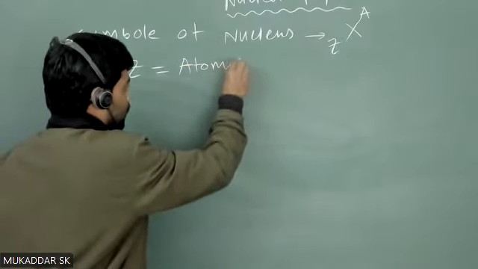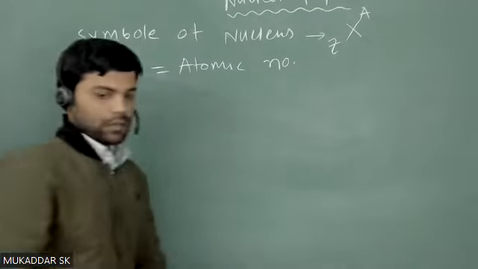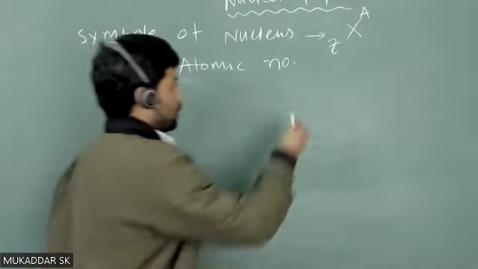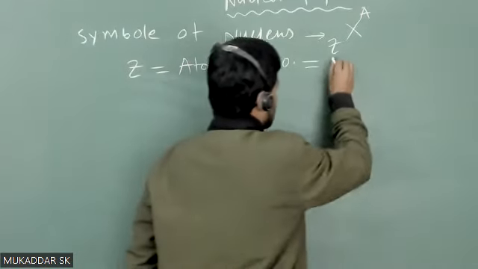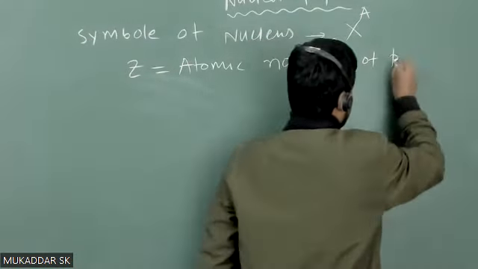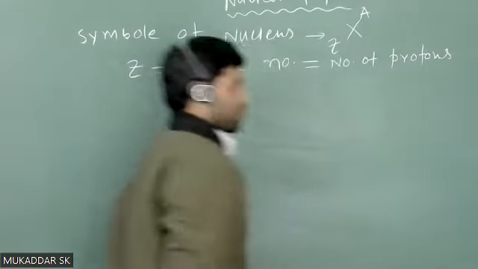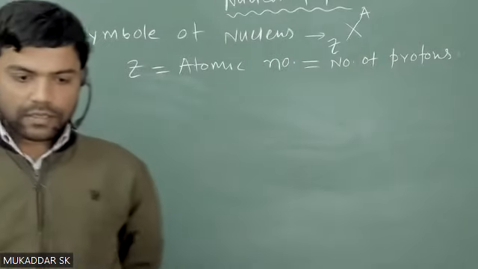Z is called what? Atomic number. Or we can say that this represents the number of protons present inside that nucleus.